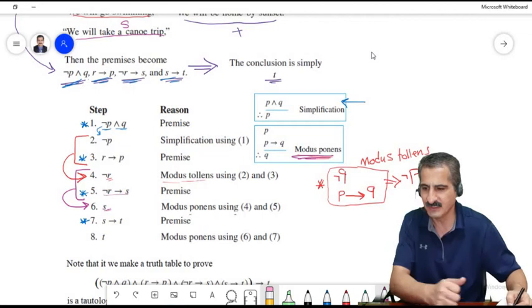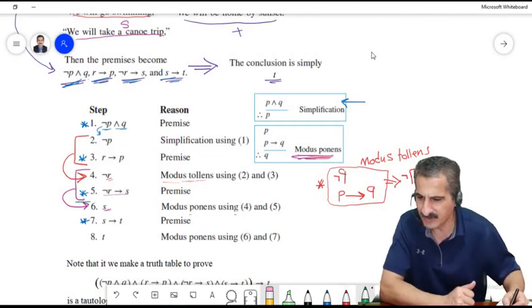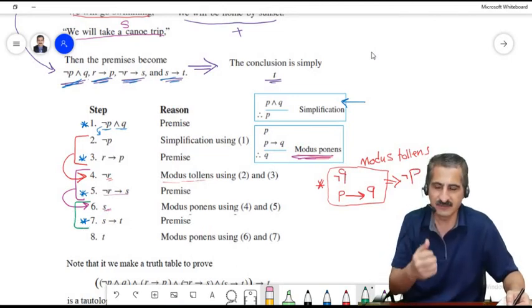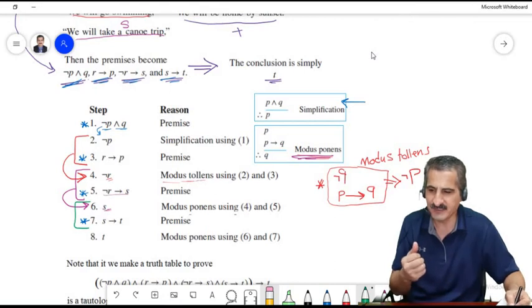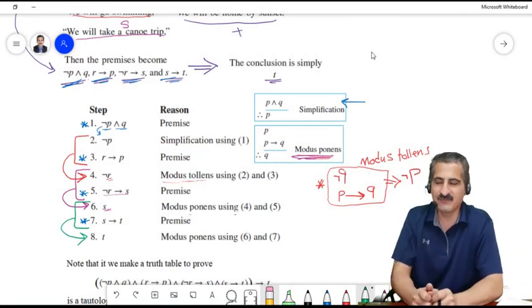Okay? Now again here we concluded 6 and we have 7 in hand. We have S and 7 says premise S gives T, therefore we conclude T. Wow. And then we have reached T this way.